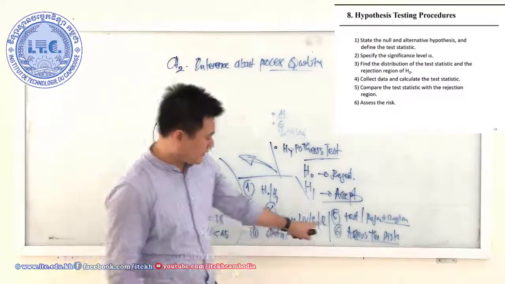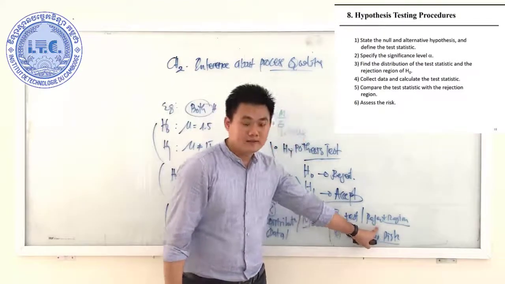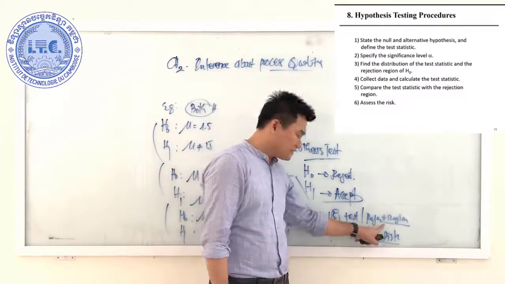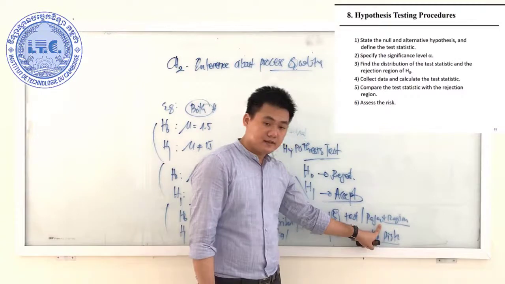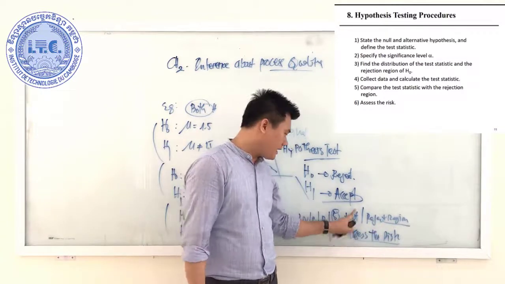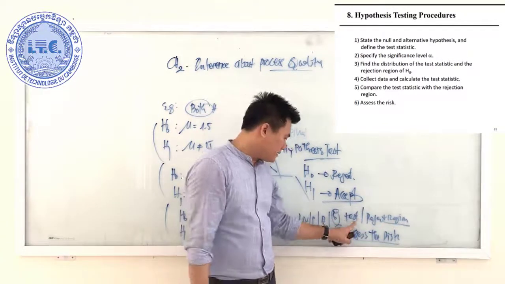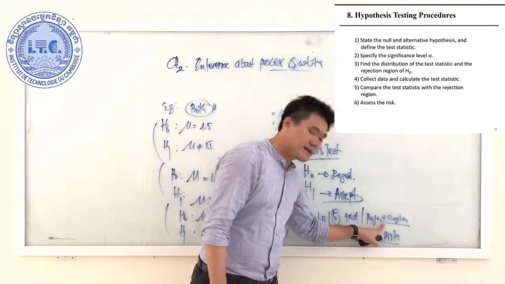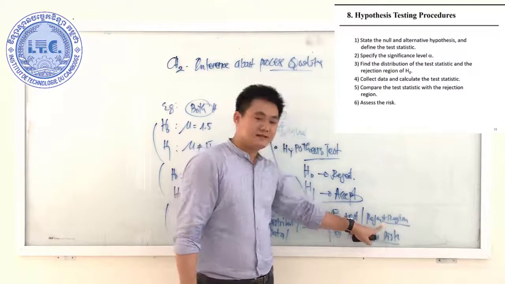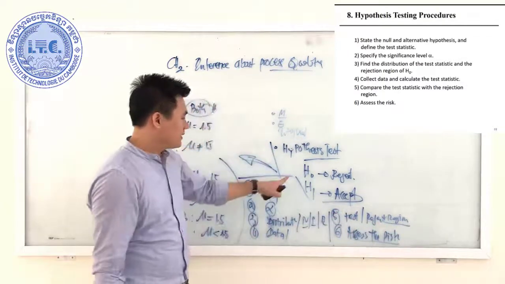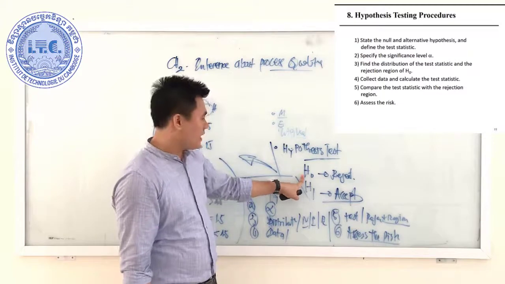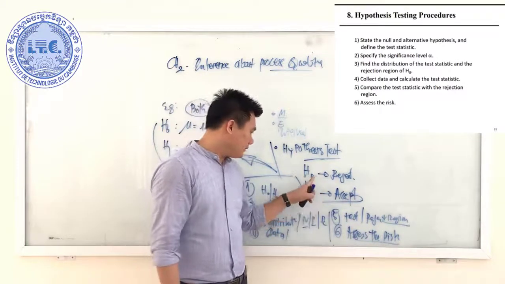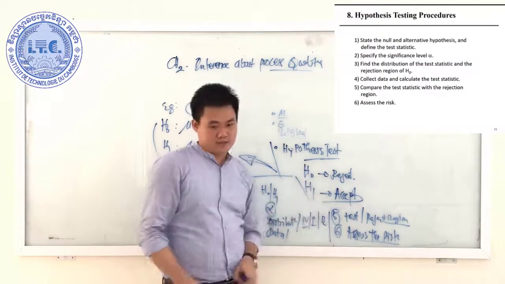But the third one actually here is the most important, because from the distribution, you will find the reject regions easily. So doing the calculation and then compare. Is it inside or outside of the reject region? If inside the reject region, it means that you have to reject H0, meaning reject the null sample, whereas the alternative will be H1.